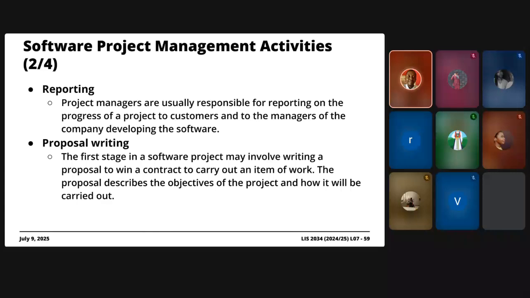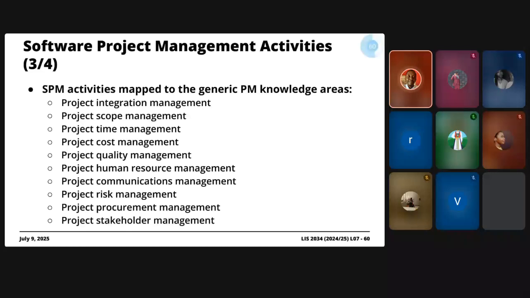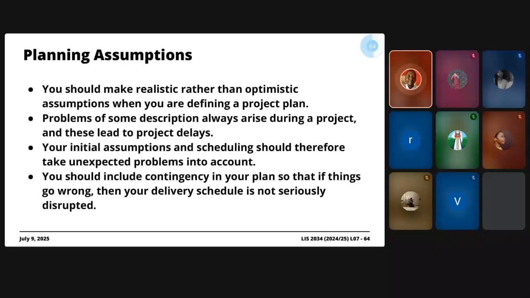In addition, you have got to identify activities that are going to result in some tangible output. We call that a deliverable. Not really tangible, but a product in essence, right? So you identify your milestones and your deliverables.